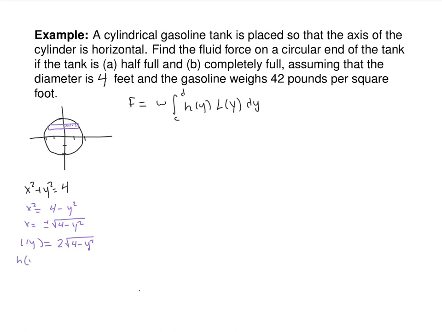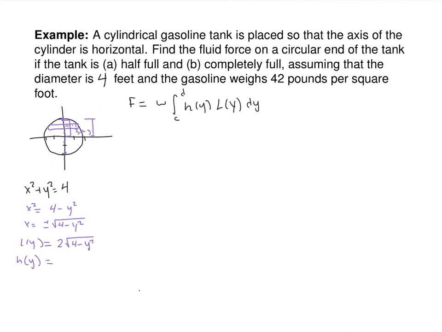Now the depth equation. So this distance is 2, and if we have some other random point, suppose we had this point right there, that distance is y, the distance from top to that slice is 2.